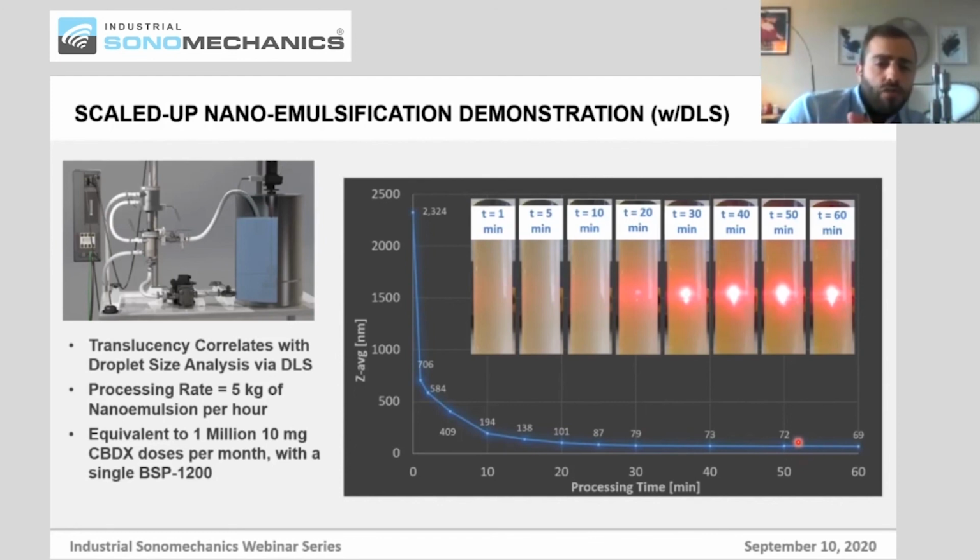And that corresponds to 5 kilograms of total nano-emulsion per hour. That includes water and all the contents. And at the concentration that these studies were performed, that corresponds to nearly or just above 1 million 10 milligram CBD extract doses per month with just a single BSP 1200.